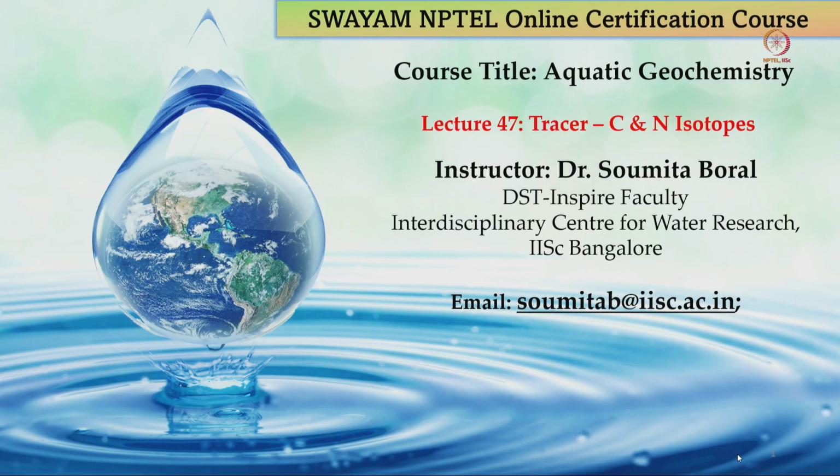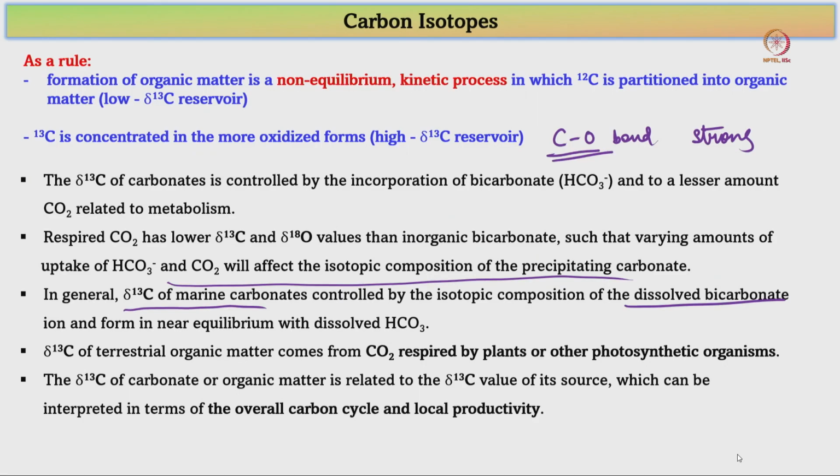In our previous lecture we have been discussing the application of different isotope systems as tracers in aquatic systems. We have started discussing the carbon isotopes. In this particular lecture we are again going to discuss carbon isotopes along with nitrogen isotopes.